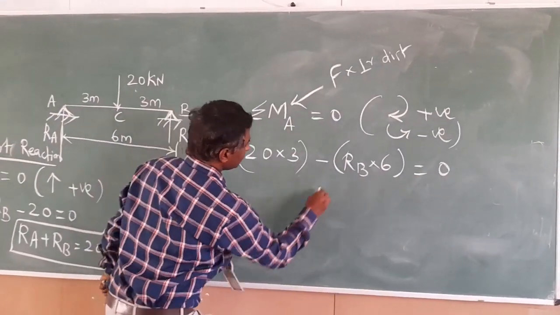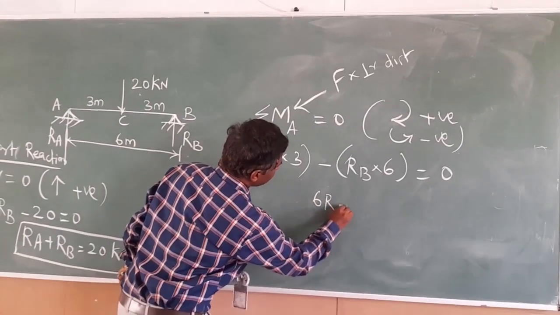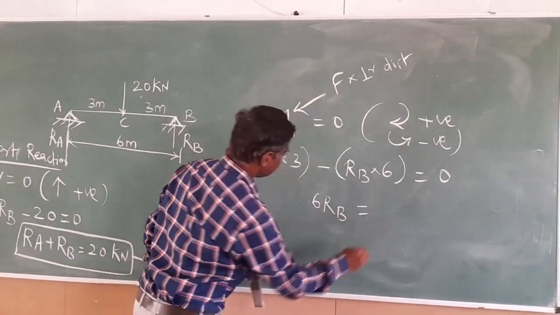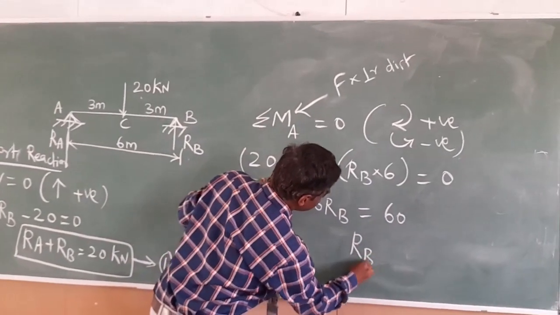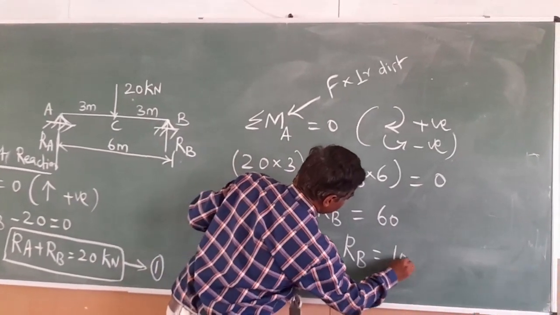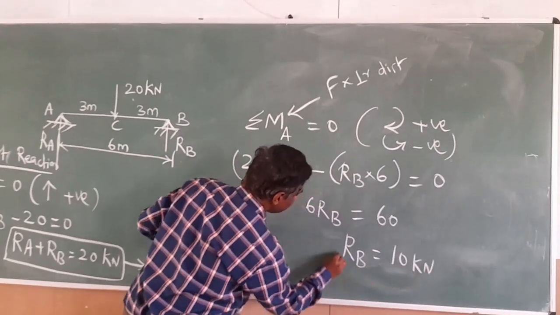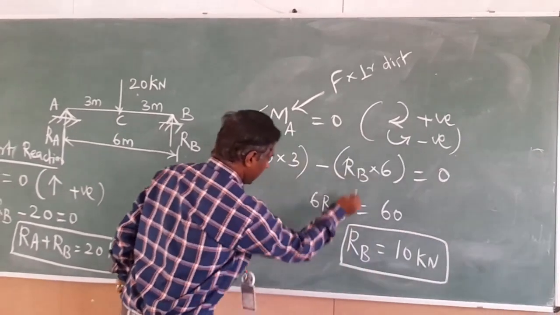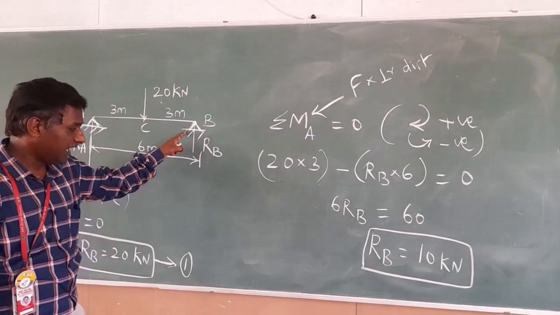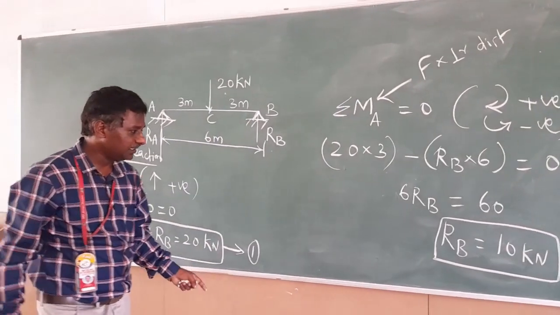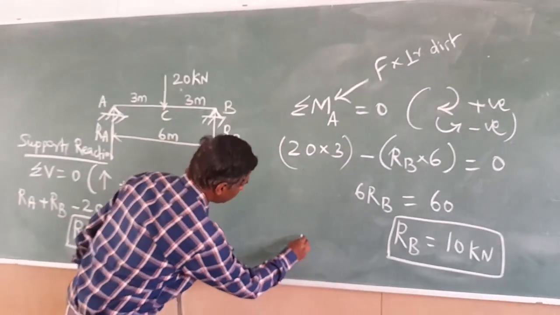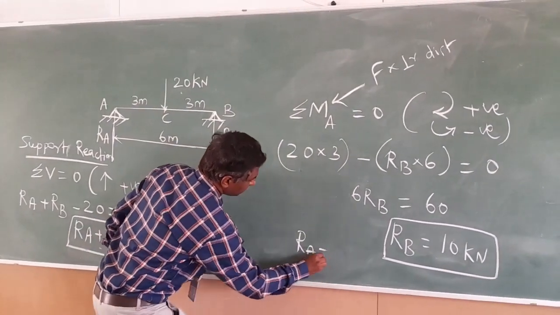So finally, 6 RB equals 60, so RB equals 10 kilonewton. That is the support reaction at point B. I already have the equation that the sum of RA and RB is equal to 20. Since RB is equal to 10, RA remains 10 kilonewton.